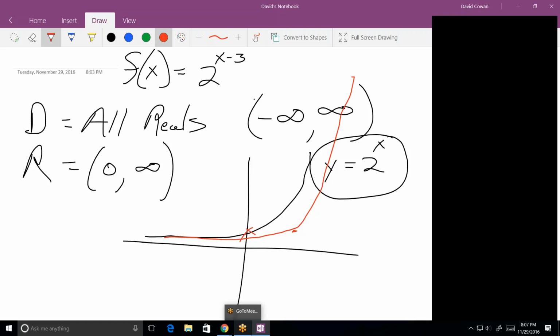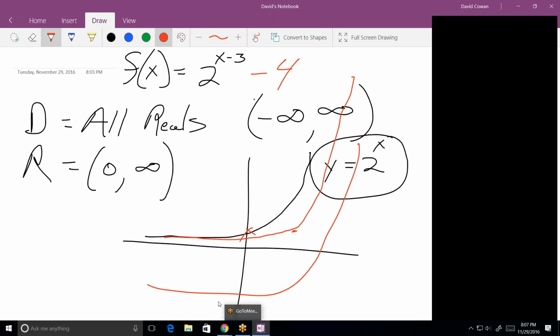Nothing. Exactly. Horizontal shifts do nothing to the range, ever. Right. Vertical shifts, if I put a minus 4 in there, well, now that moves everything down 4 units, and my range would be minus 4 to infinity, because it would look like that.